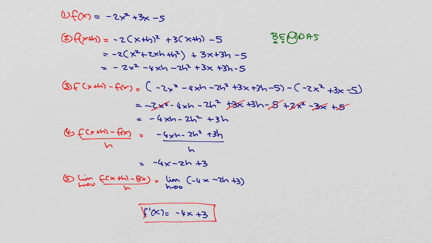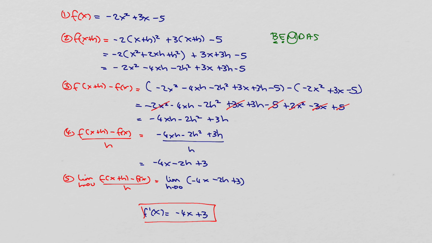So again, the slope of my tangent to the function minus 2x squared plus 3x minus 5 is represented by minus 4x plus 3, and therefore whatever the value of x is, I can then go on and find the slope and even the equation of the tangent to the curve at that point.